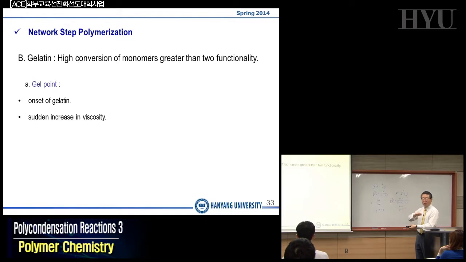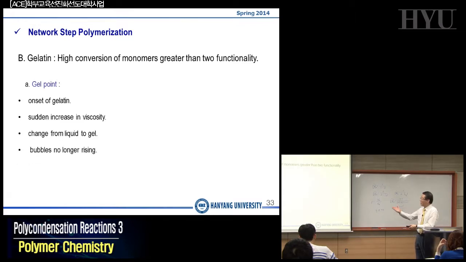Okay, viscosity increases very slowly, but at the gel point, it increases all of a sudden, and this is what we call the gel point. And at the gel point, as I said, it goes from liquid to solid, or to the gel.